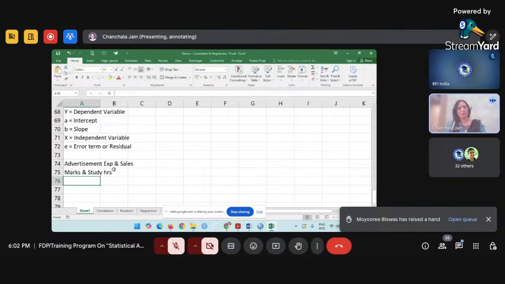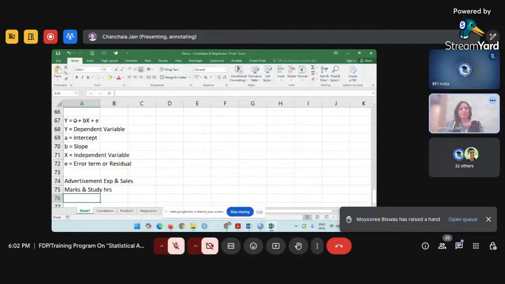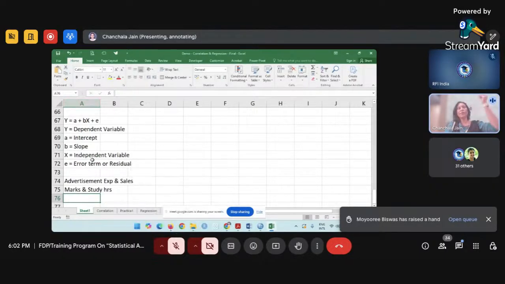Suppose the company is investing 1 lakh rupees per month in advertisement, and now wants to see what changes will come in the sales. According to the equation, suppose we have some value of A, some value of B, and we put 1 lakh as the X value. We multiply that by the B value and then add A. So we will have the value of Y. We can say this will be the predicted sales, right?